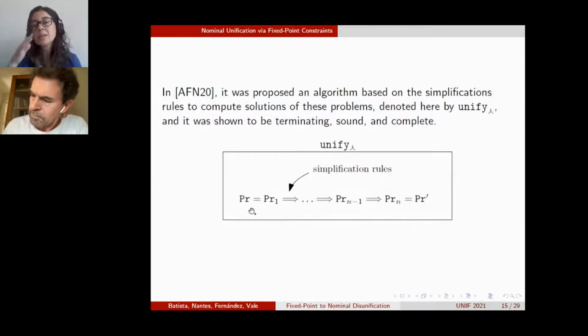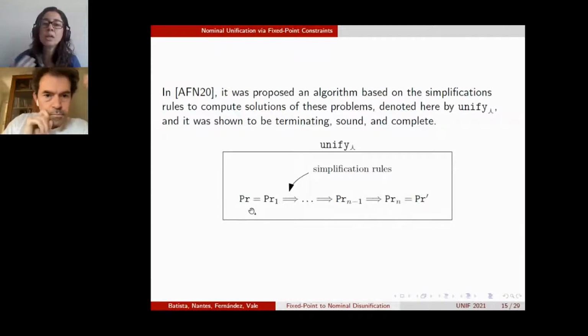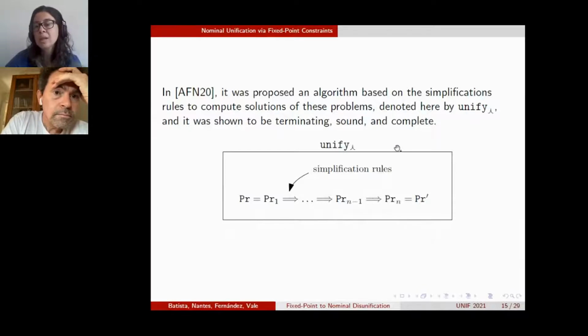Okay, so as expected, we follow the standard. We define a set of simplification rules, and then we apply these rules to the problem until we reach a point where we cannot apply any simplification rule. And then if there is a solution, we are going to have a substitution and a context that satisfies the constraints in the problem.